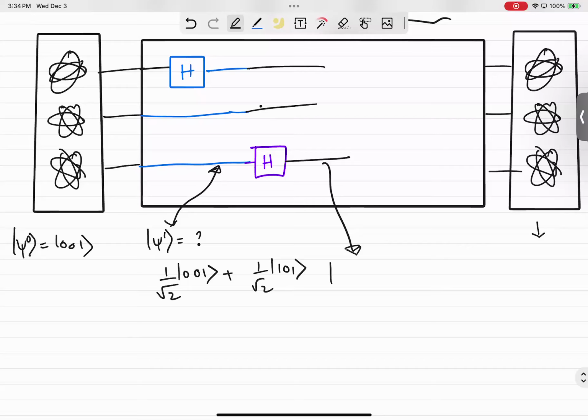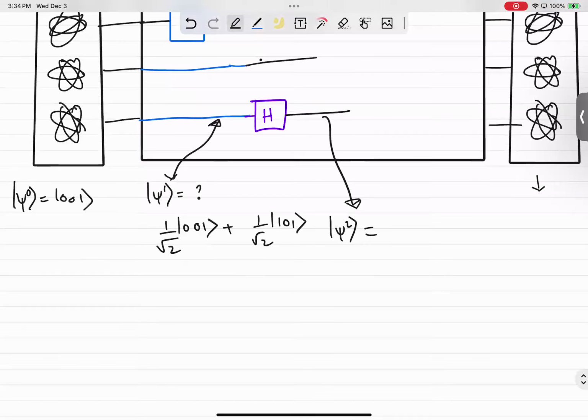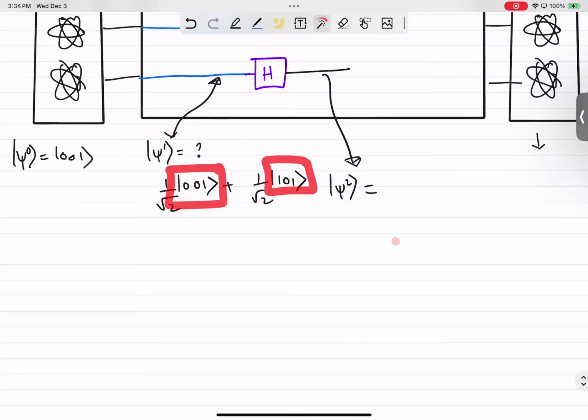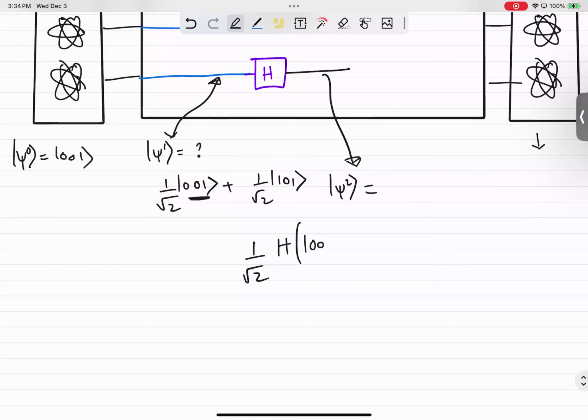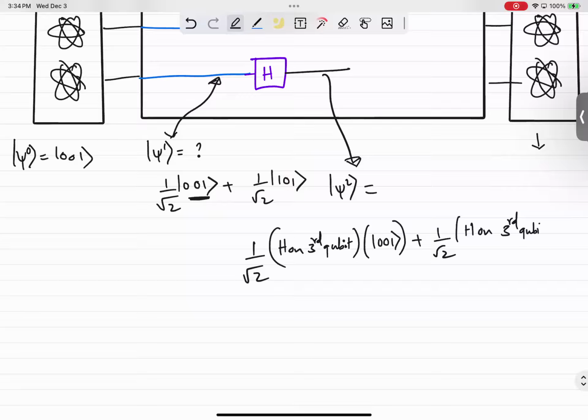So what happens then? Well, I need to compute what happens. And how do I do that? I would use linearity. Okay? So what would the Hadamard do on this state and this state separately, and then put the 2 together? Okay? So if I apply the Hadamard gate on this, I would get 1 over square root 2 times H on third qubit of 0, 0, 1 plus 1 over square root 2 times H on third qubit of 1, 0, 1.